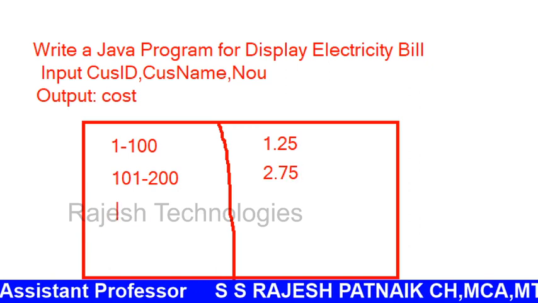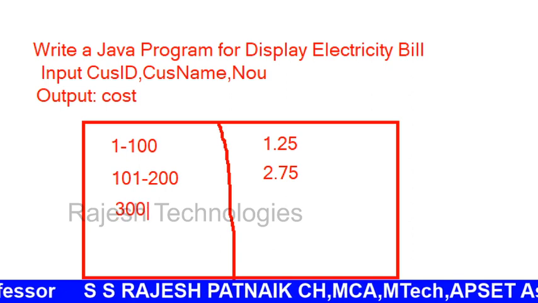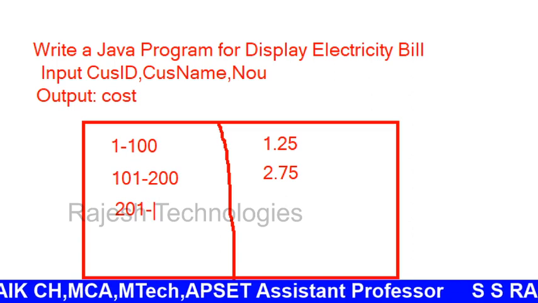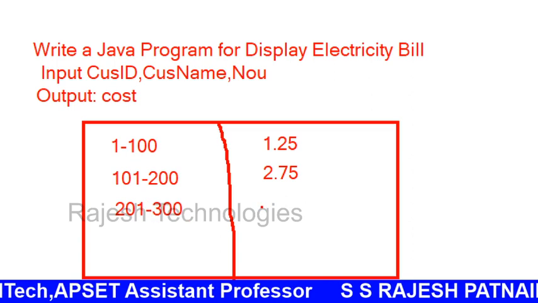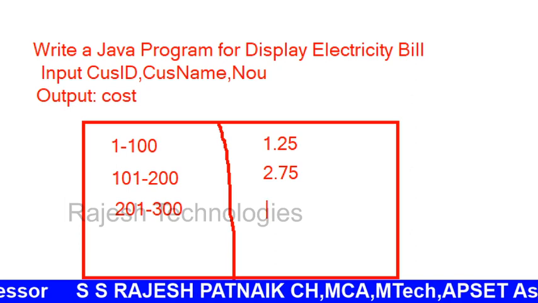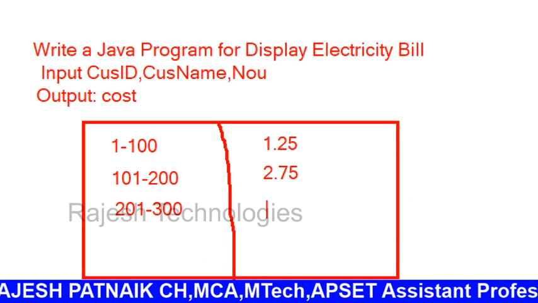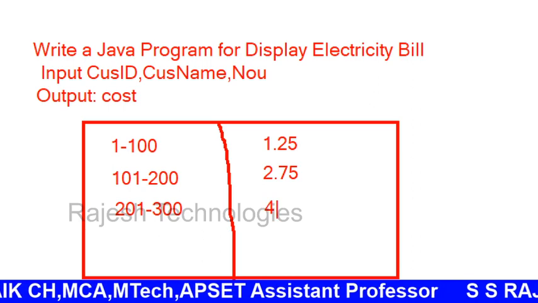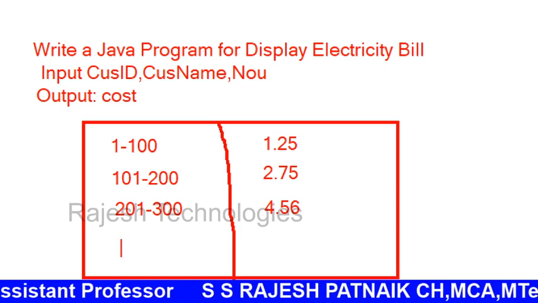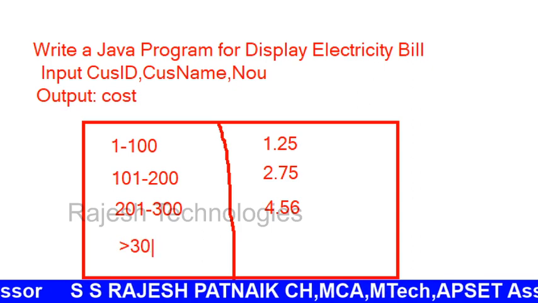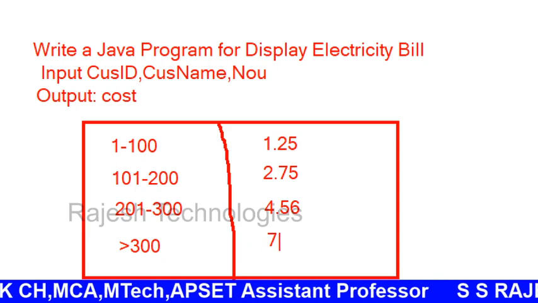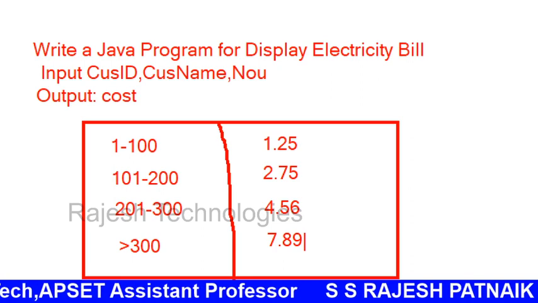Between 201 to 300, the price per unit is 4 rupees 56 paise. If greater than 300, I am directly giving 7 rupees 86 paise.